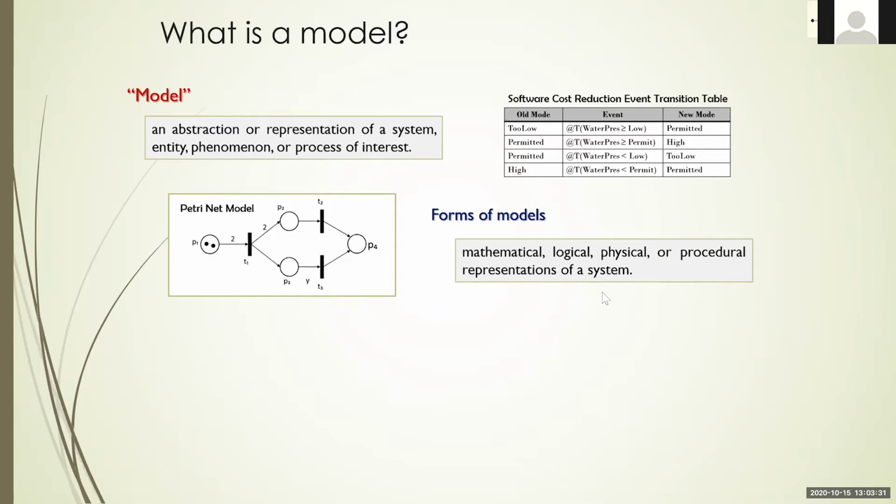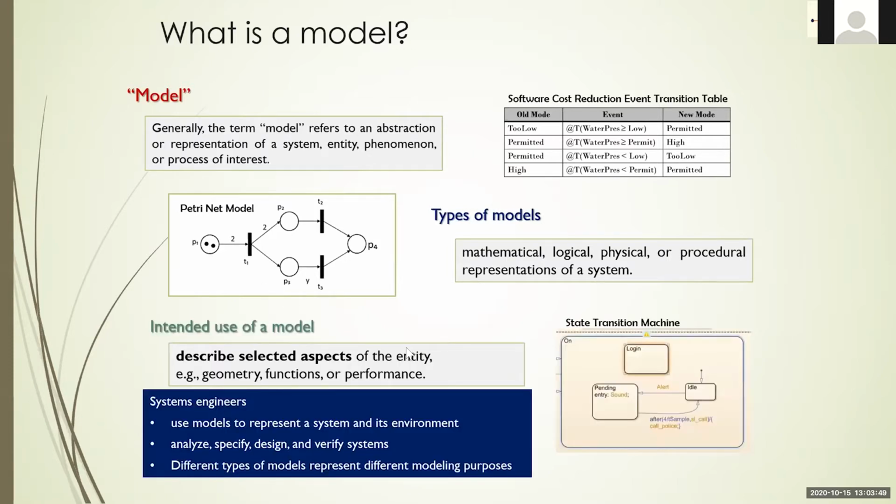Your model can be mathematical, logical, physical, or have some procedural representations. Here we have a tabular representation on the top part, or we may have some drawings such as the PetriNet model, okay?